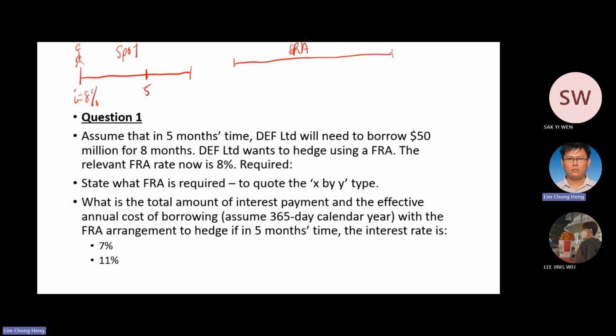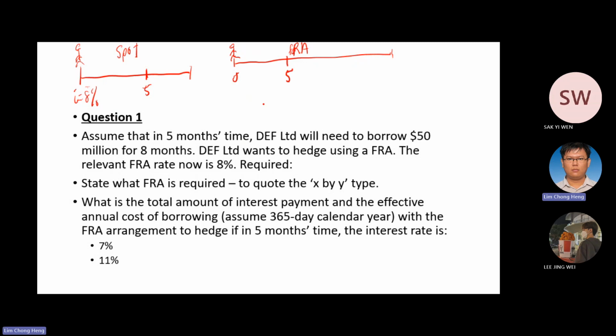But in this situation, you're unable to take the loan today because you would need to pay the interest for the first 5 months. So you want to hedge, so you go to the FRA market and tell the FRA provider that in 5 months' time you will take the loan.